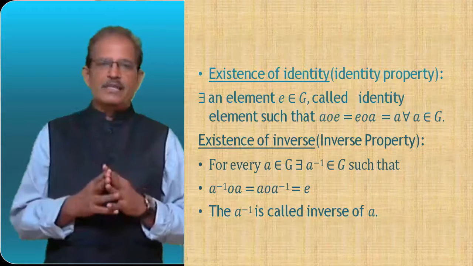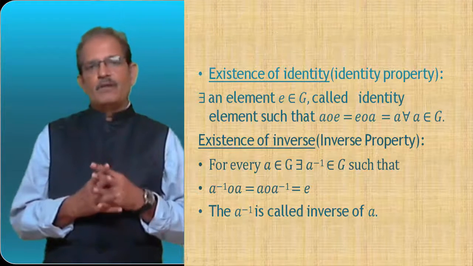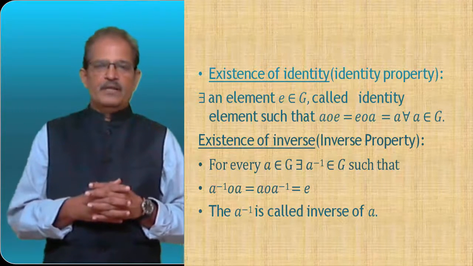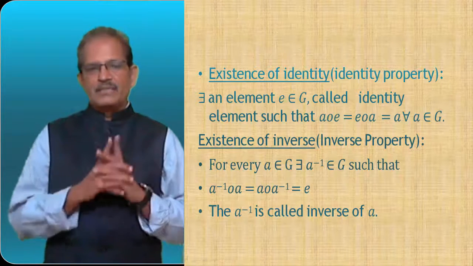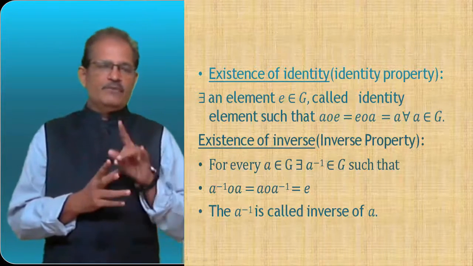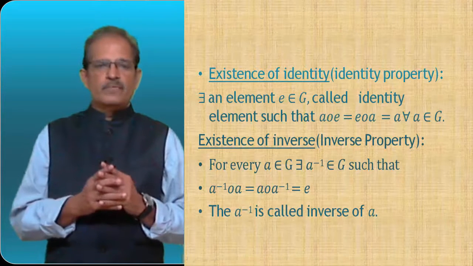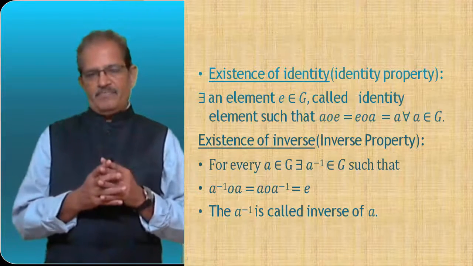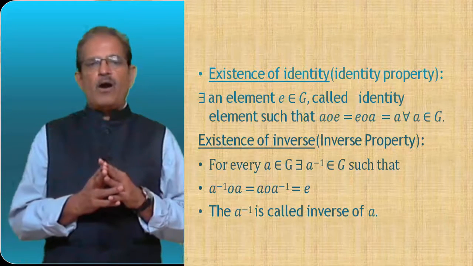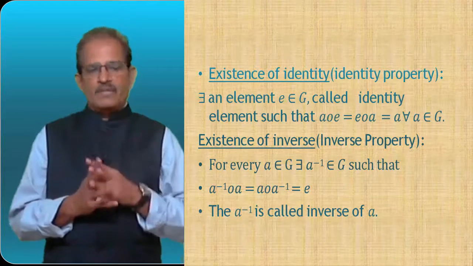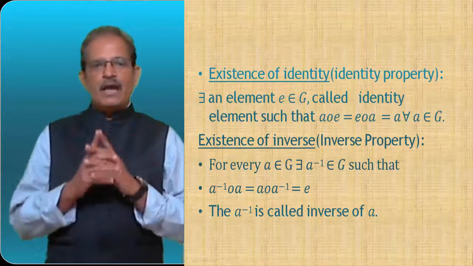So what does it mean? You take any element a belong to G. There must exist an element a inverse belong to G in such a manner that if you operate o on a and a inverse, in the form either a inverse o a or a o a inverse, the result must be identity element.